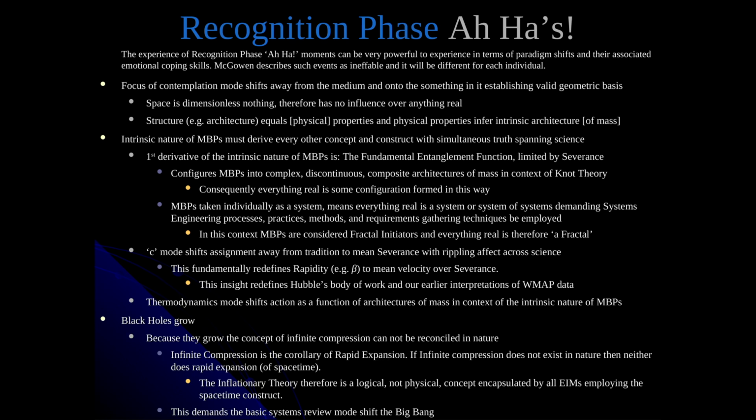You see things you didn't understand before. You begin to understand the implications of architecture, the fineness of the relationships that architecture represents. It's a big deal, and it fundamentally redefines the concept of rapidity.